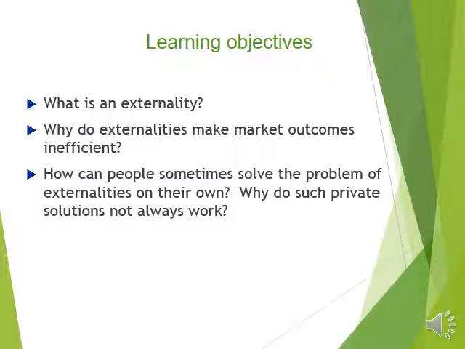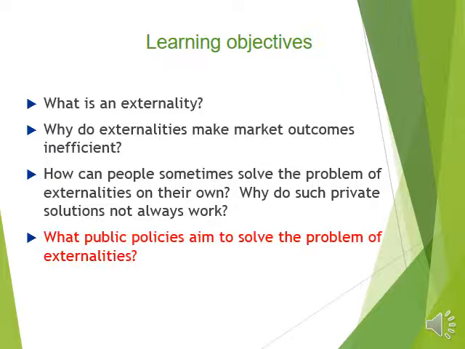Now, the reason why private solutions don't always work is because not everyone has the money to pay to achieve the maximum optimal solution. And so for the most part, most efforts to internalize externalities are done by public policies. They're done basically by the government.